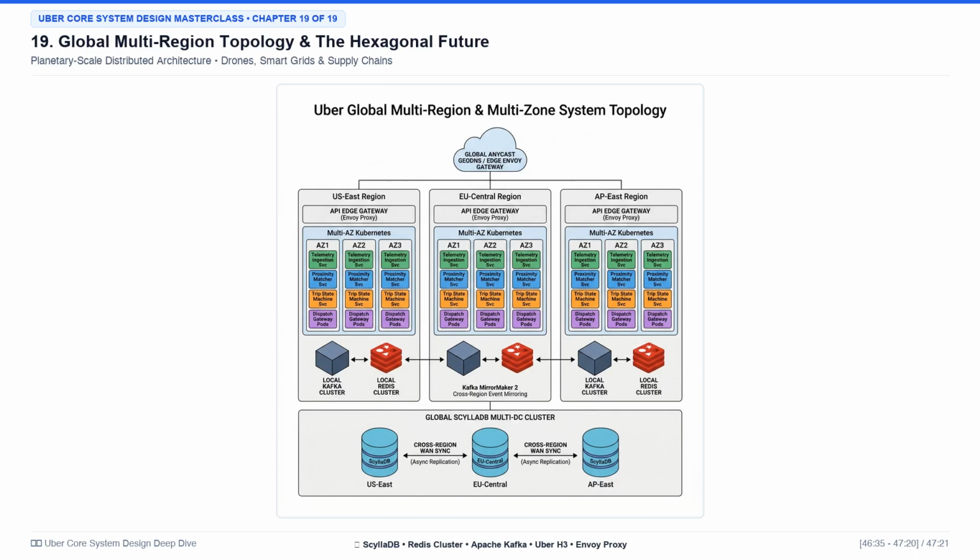Could we use this exact same stateless, lock-free architecture to optimize global supply chains and port logistics? Could we track complex energy grids in real time to prevent blackouts? Or even orchestrate massive fleets of autonomous emergency drones during natural disasters? It's definitely coming. Next time you look at a digital map, ask yourself, why are we still limiting ourselves to thinking in squares?